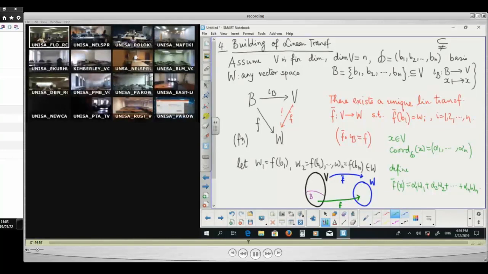So the linear transformations from V to W are in one-to-one correspondence with choices of n-tuples from W. However you might choose it, you get a linear transformation, a unique one.